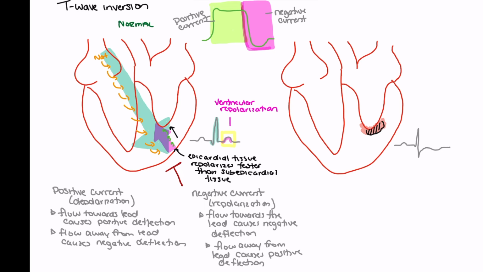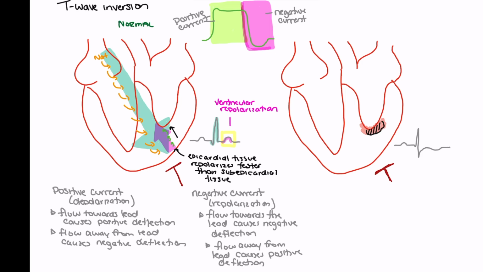So the subendocardial tissues, or our endocardium and myocardium, are repolarizing first, followed by the epicardium, which would lead to a net negative flow of current towards the camera. And that is, in fact, what is happening when someone is having ischemia or damage at the subendocardial level.